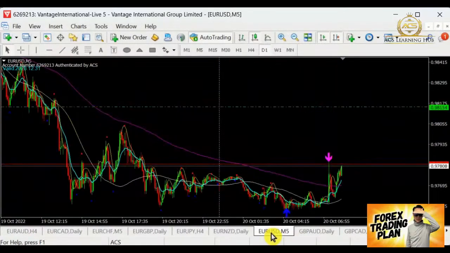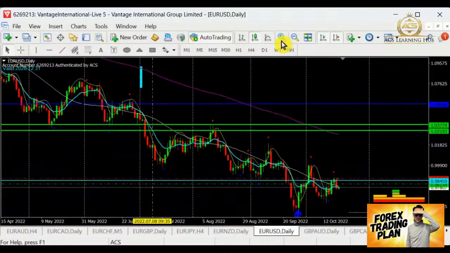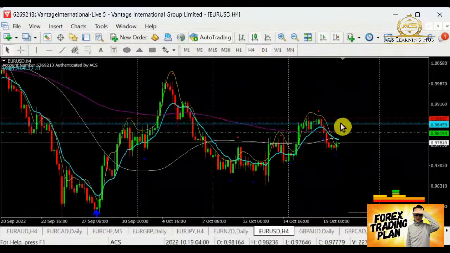All right, so Euro dollar. Let's take a look at Euro dollar. Euro dollar today, we are in the bear, but today it seems like we are at the edge between the bull and the bear. What do I mean by that? It's a retracement. Highly likely there may be a retracement there. So if I want to sell, where should I be selling?